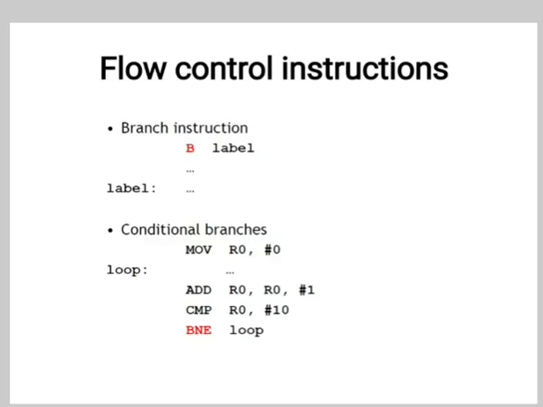So here: move r0 #0, loop add r0 #1, cmp r0 10, and bne loop.